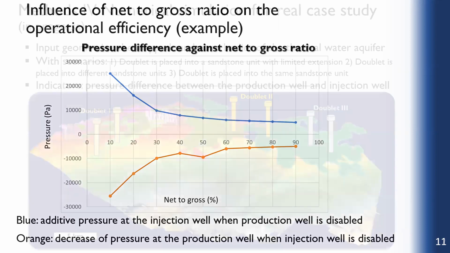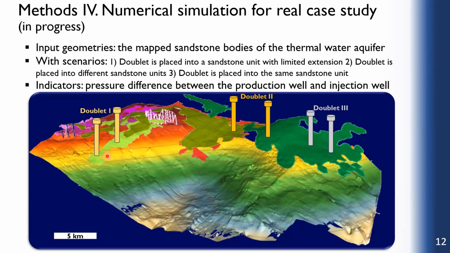And the fourth approach, which is in progress, would be the numerical simulation for a real case study, namely by using the mapped sandstones as input geometries with different scenarios. So the first scenario would be the doublet, when it's placed into a sandstone unit with limited extension.